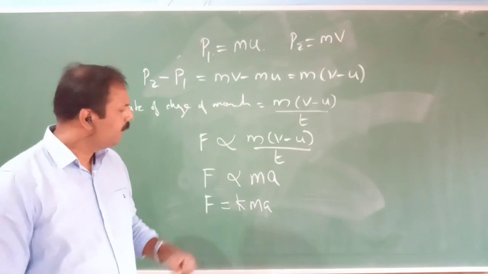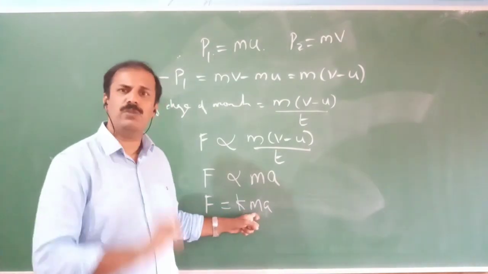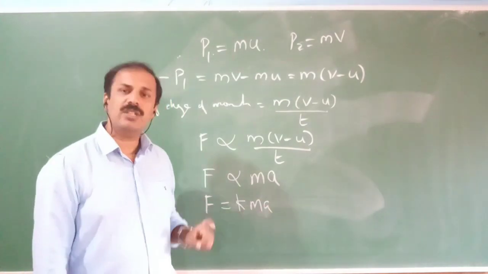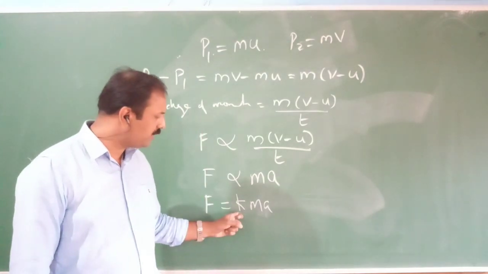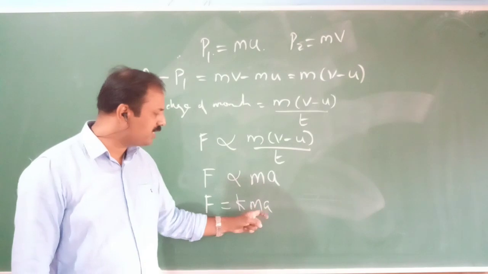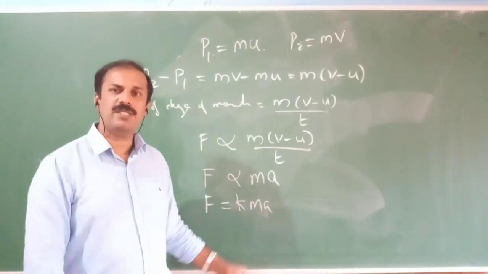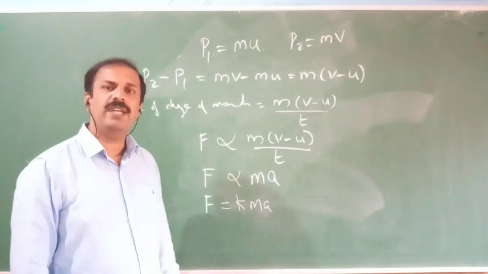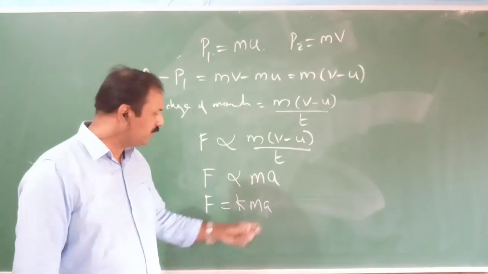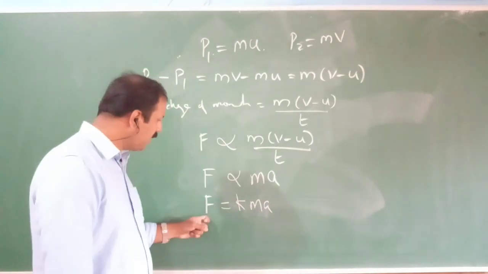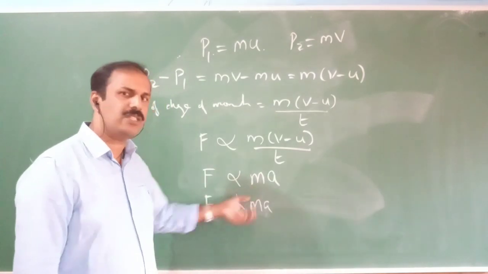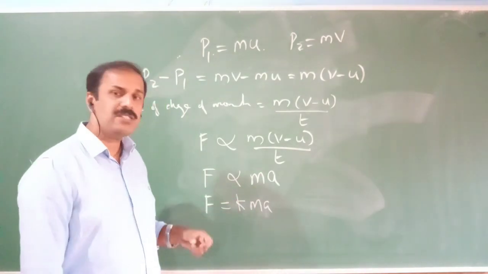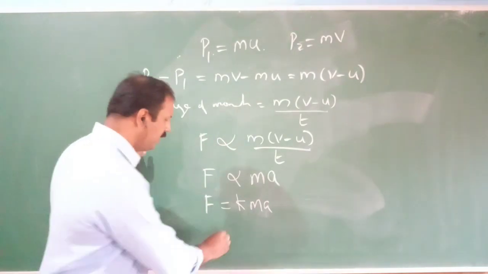For example, if the mass of the object is 1 kilogram and acceleration is 1 meter per second square, then the force can be taken as 1 Newton. So this is 1, this is 1, this side also 1, then naturally k should also be 1, because LHS and RHS should be the same. That's how we take k as 1.